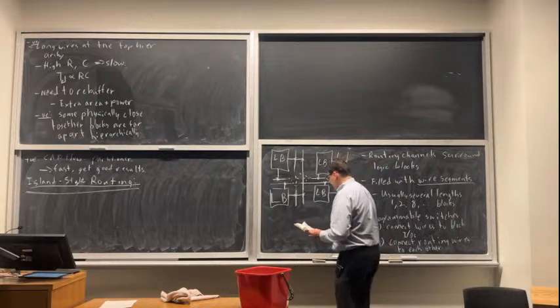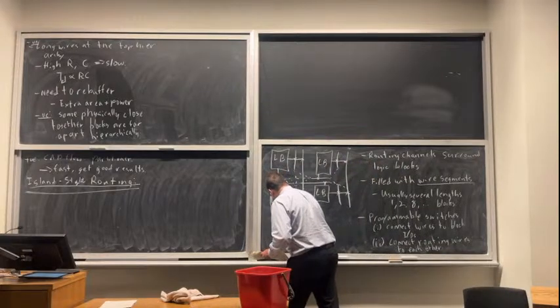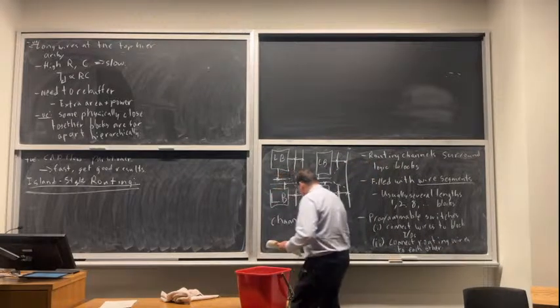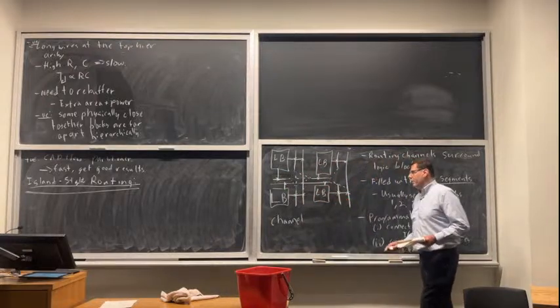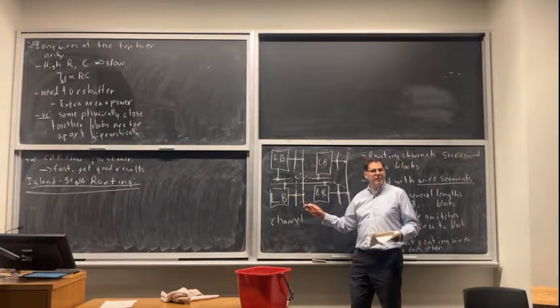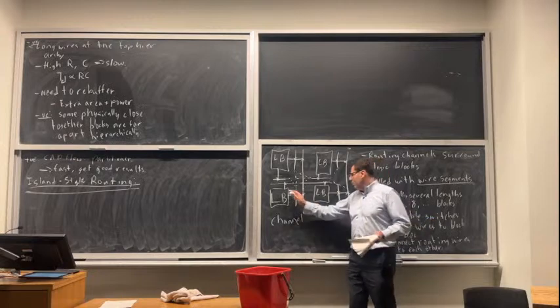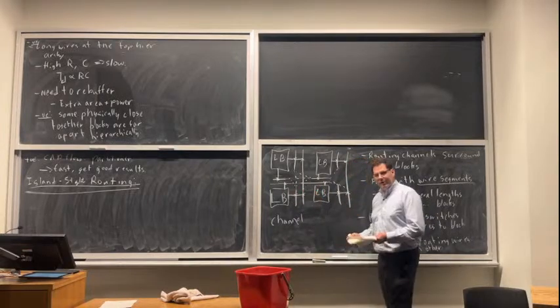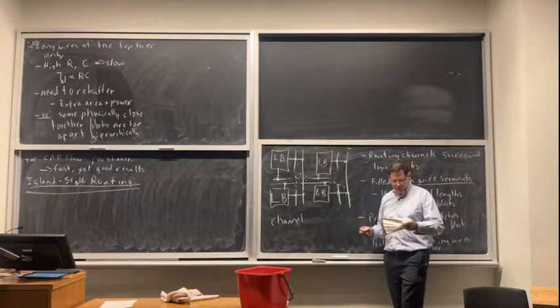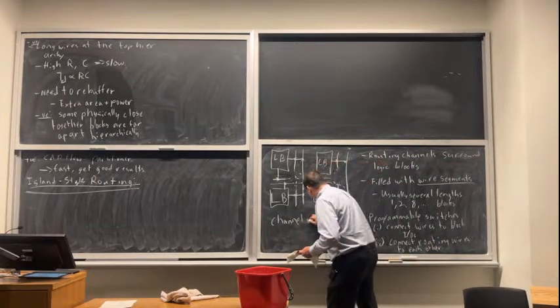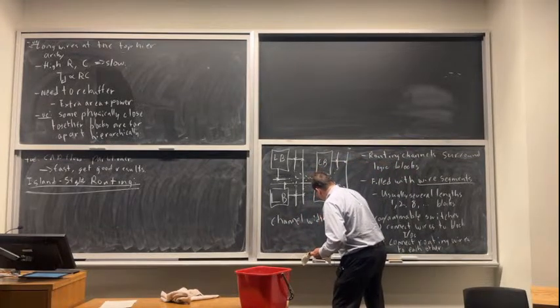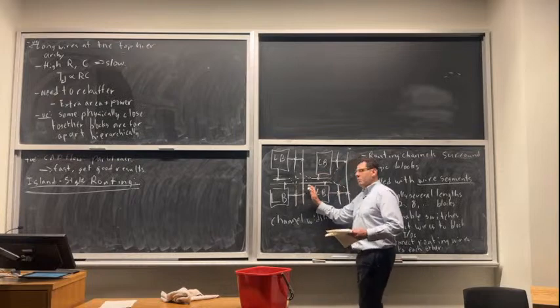Okay, and then the last terminology is we care about how many wires we put per logic block. That affects our area. More wiring means more area. It's also going to make it easier for us to connect up circuits. So the channel width is how many wires we put in each of these channels.